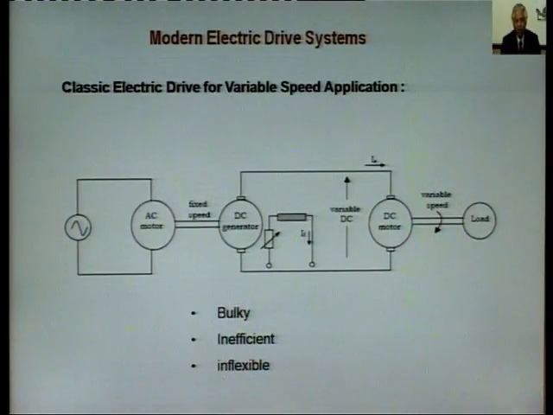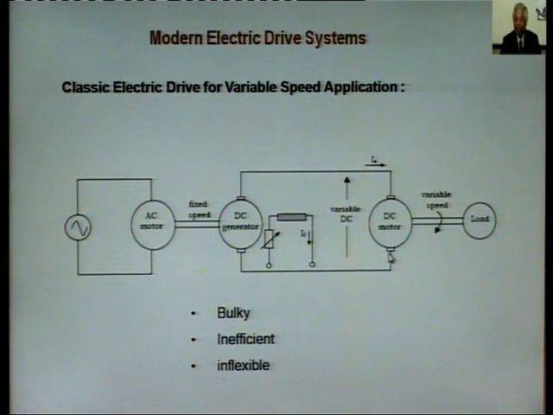Now, let us see what actually the drive is. You have the AC system here, you have the AC motor here with a fixed speed, that means an axle is there, and we connect this AC motor with the DC generator, and there is a control unit here where it will get the variable DC as output, and it goes to the DC motor.